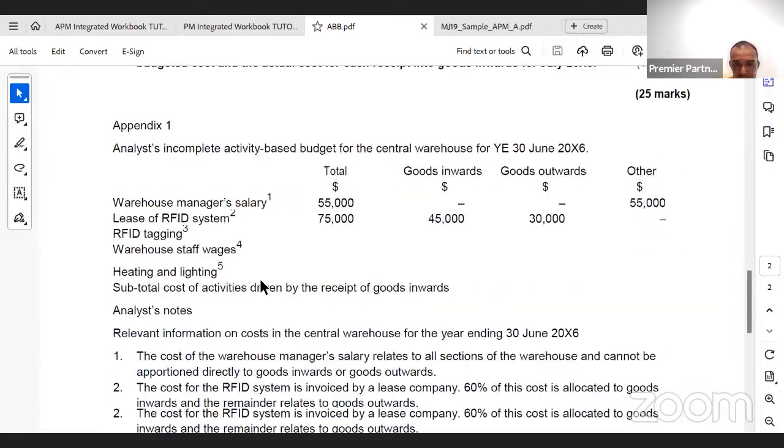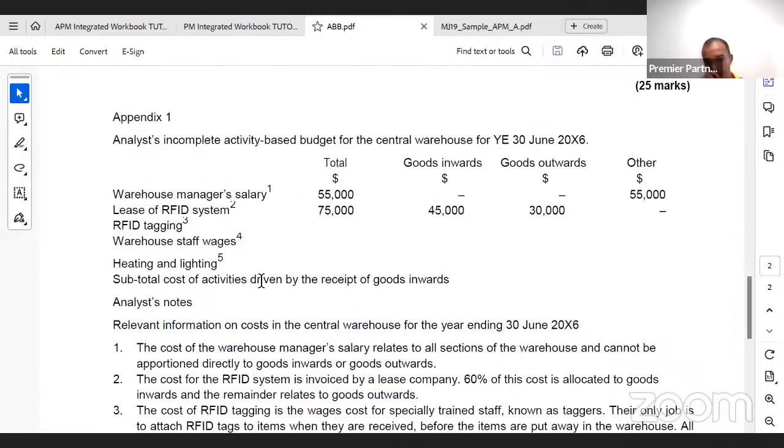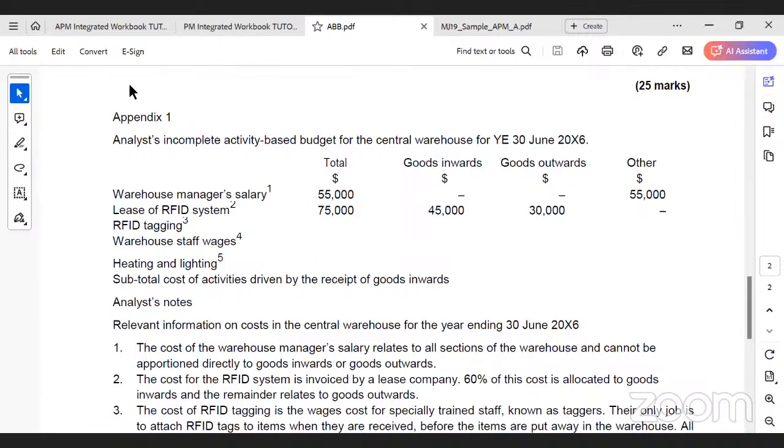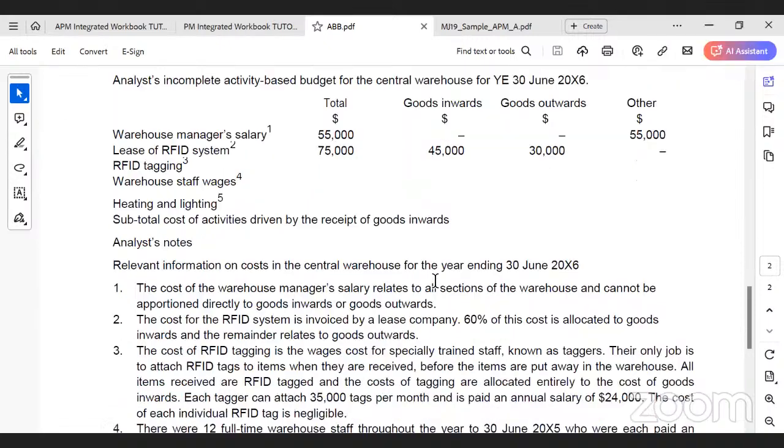Right, now, can you quickly complete this work? I'll also bring it to the Excel sheet and do it. Appendix 1, the analyst fellow has done a half-baked job. Maybe he's also an ACCA student. Shall we quickly finish this work?